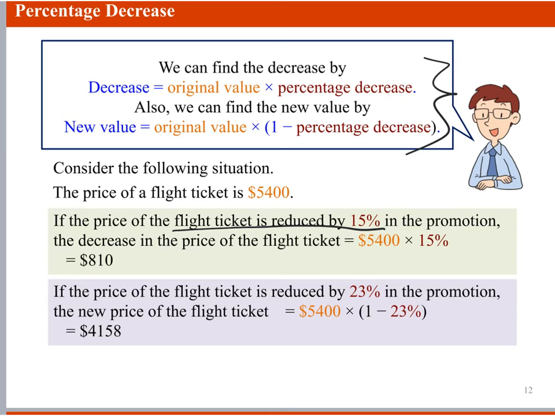It is 5,400 times the percentage decrease, which is 810. And what is the new price of the flight ticket? The original price times 1 minus the percentage decrease. In the increase, we use plus. In the decrease, we use minus the percentage decrease. And we got 4,158.